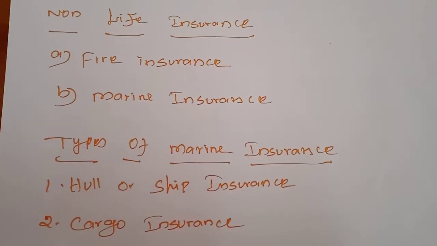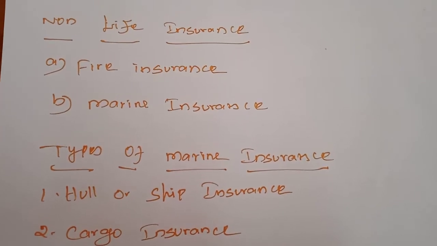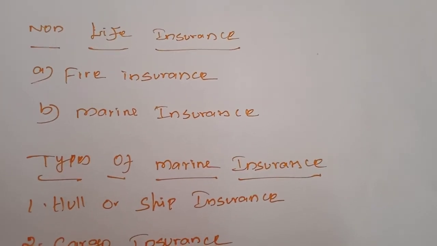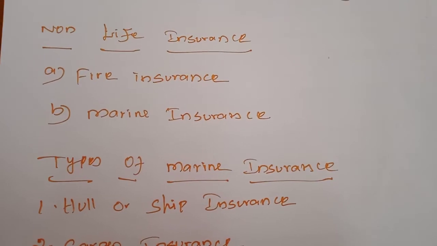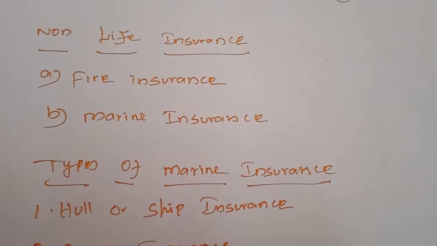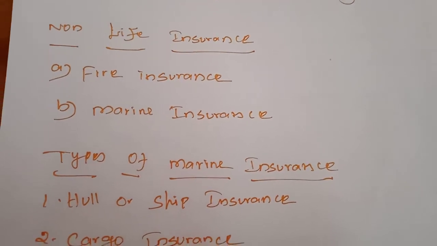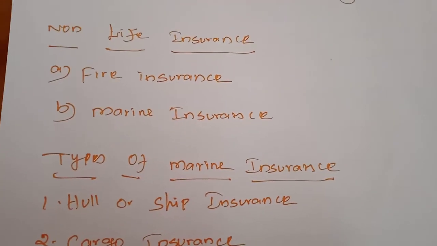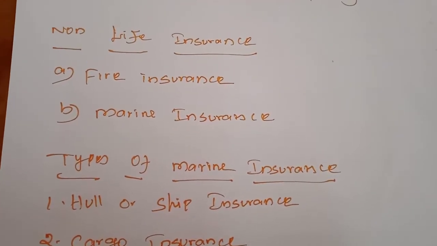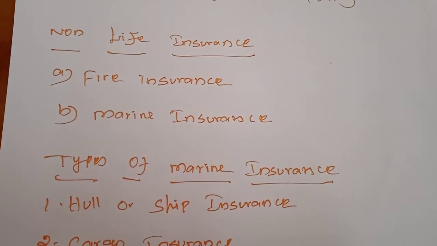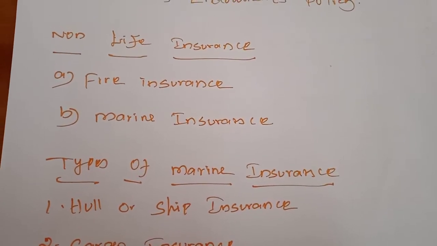Next, the contract is based on the principle of utmost good faith. I think you remember the principle of utmost good faith. Utmost good faith means both persons, the insurance company and the insured, must disclose their information on the subject matter.